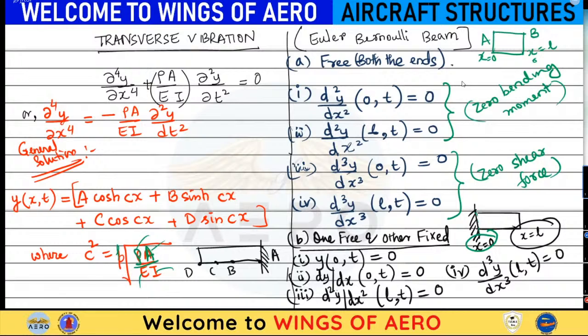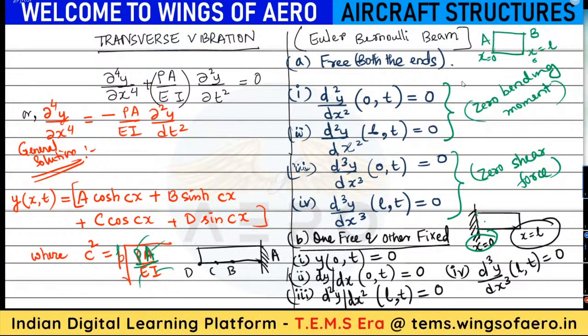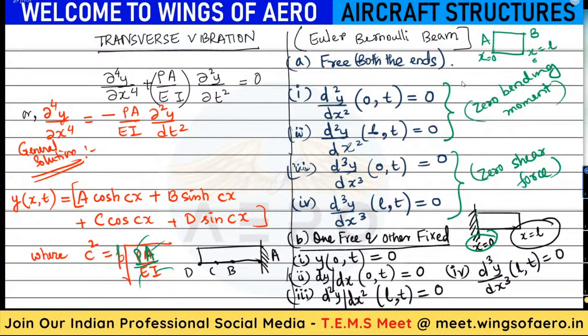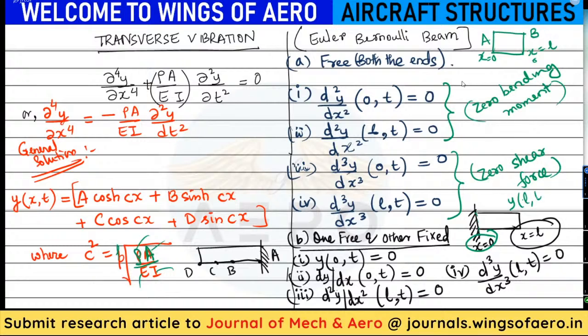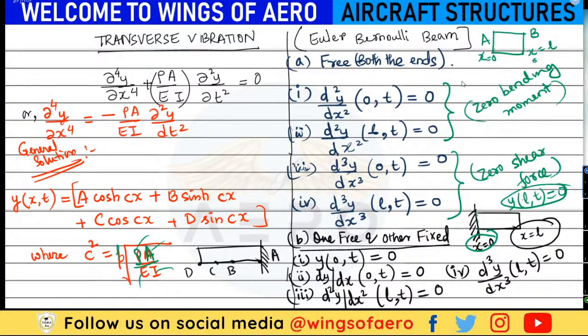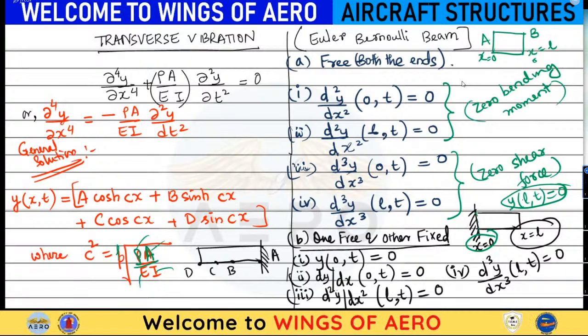I agree with that, but at the free end, how is the deflection 0, ma'am? I have not written y(L, t) equal to 0. If I wrote that, then only I would say the deflection is 0. But I have not written that.